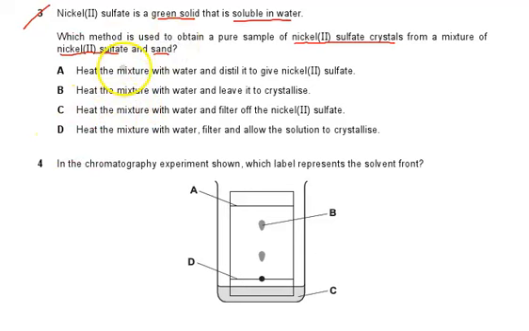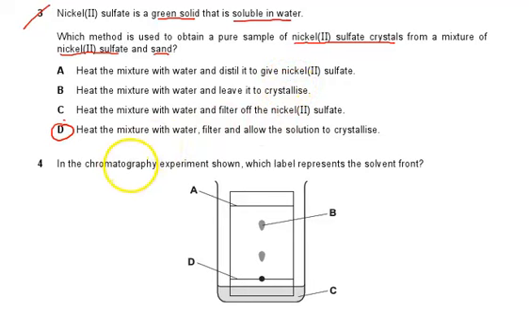The best way is to dissolve it in water, because sand is insoluble in water and nickel sulfate is soluble in water. Then we filter it and allow the solution to crystallize. That is the only way we can get the sample. So your answer is D.